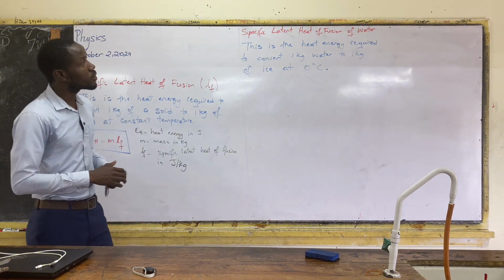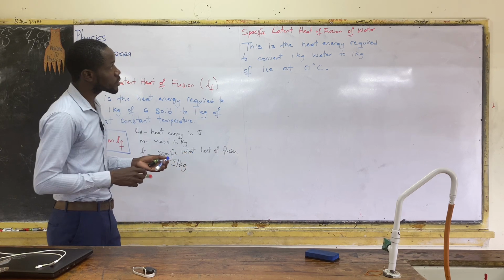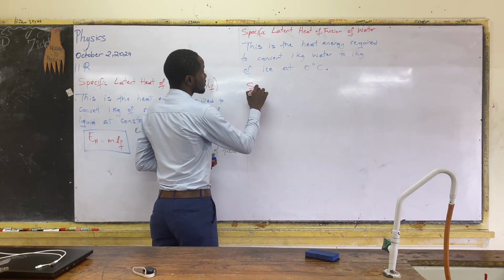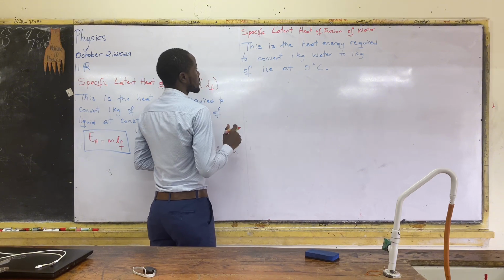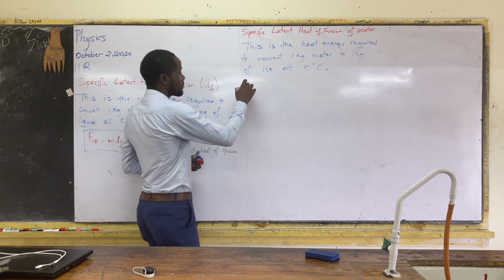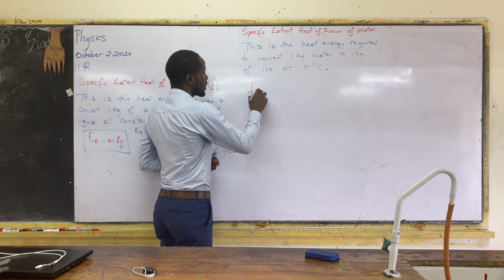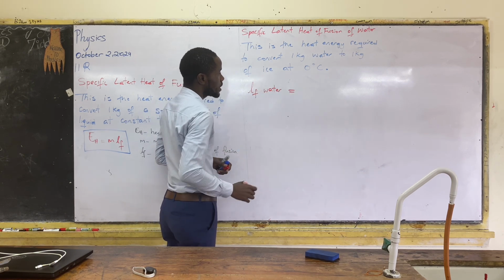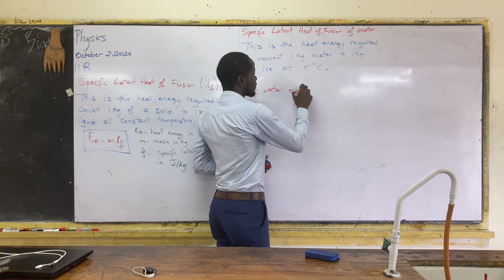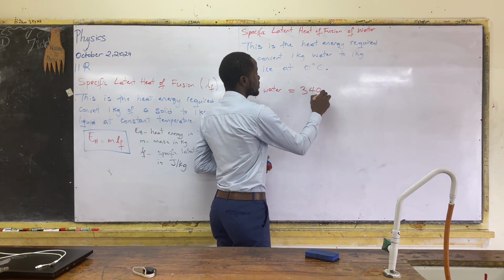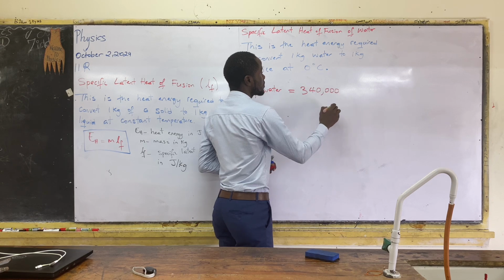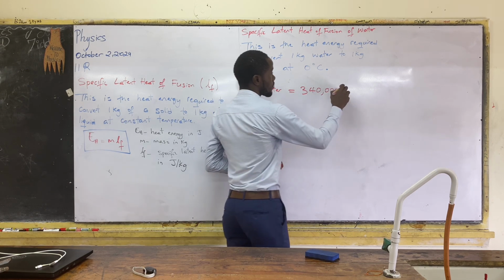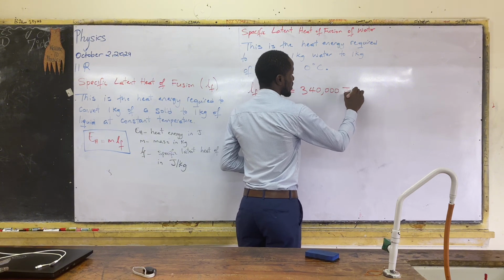Now, the value for the specific latent heat of fusion of water, let me just write it out as a symbol. So, LF for water, the value is 340,000, and the unit is joule per kilogram.